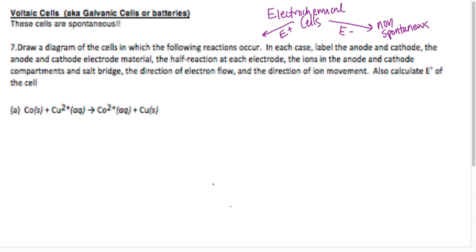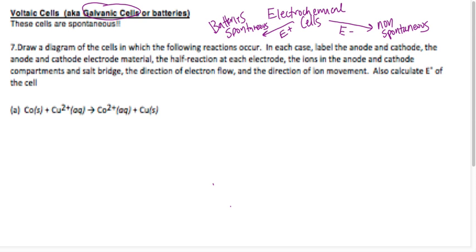Today we're looking at our spontaneous cells, known as batteries. They're also known as galvanic cells, and they're also known as voltaic cells. So all that stuff means the same thing. So just think about batteries at the grocery store, positive 9 volt. You don't buy a negative 9 volt battery, so you don't forget. That's one way to remember it.